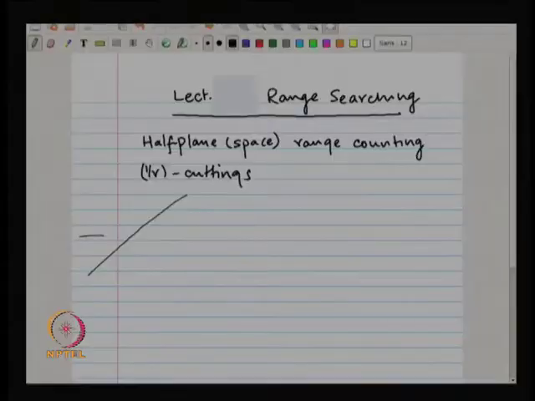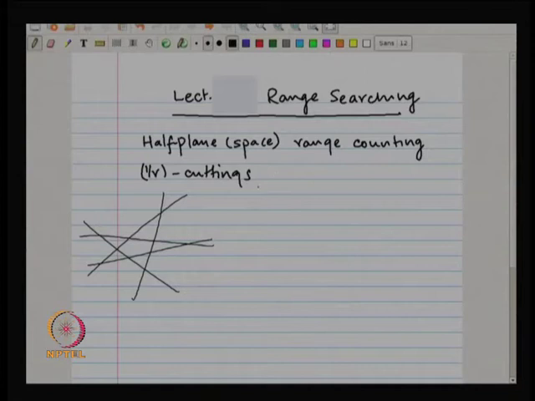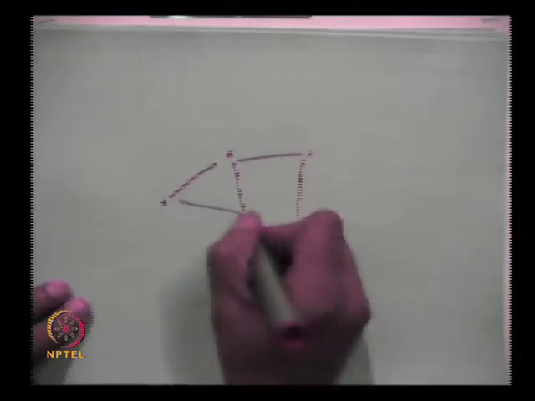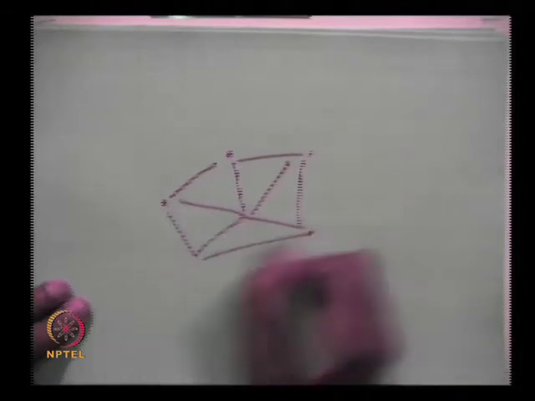So, suppose you are given a set of lines L, and a triangulation of the plane is a planar subdivision.